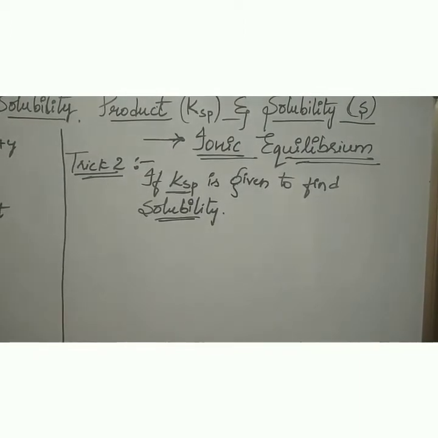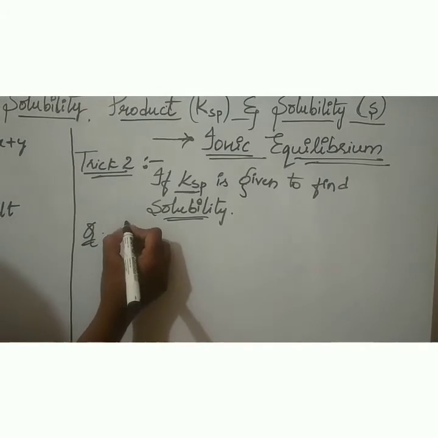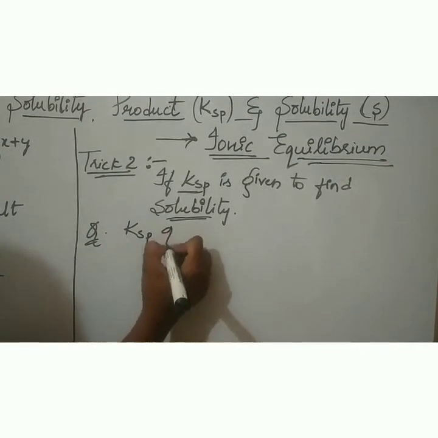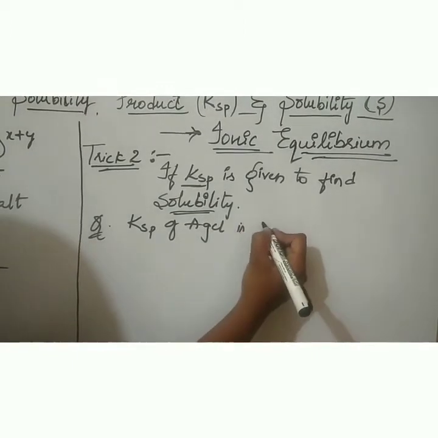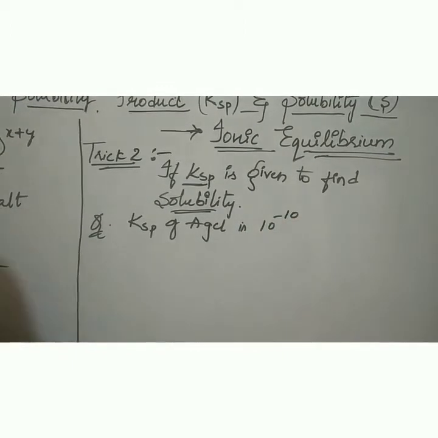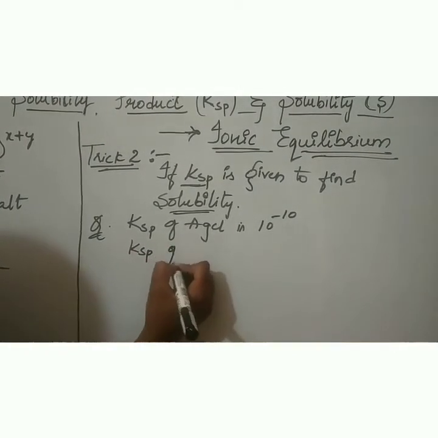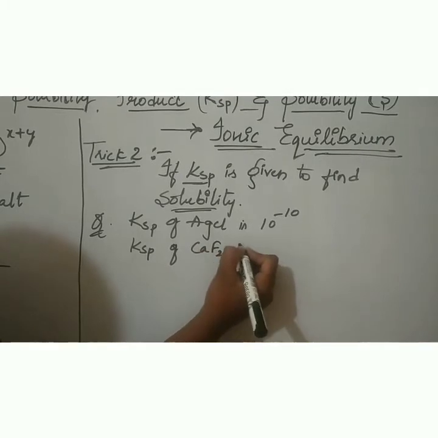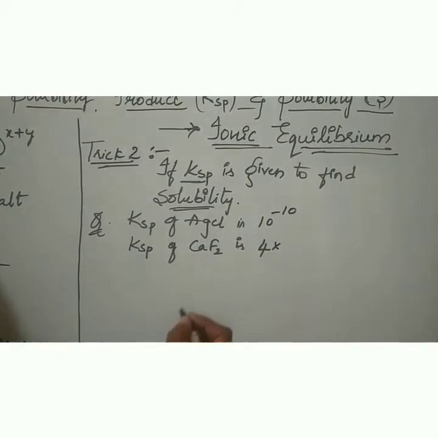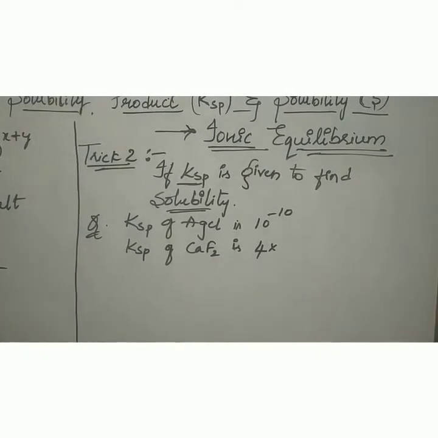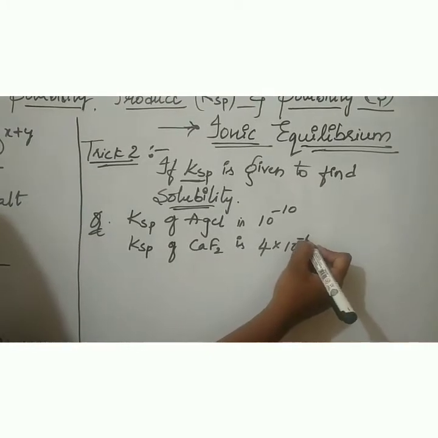For example, I am giving an example. The question is, the solubility product of AgCl is 10 raised to minus 10, and the solubility product of CaF2 is 4 into 10 raised to minus 12.